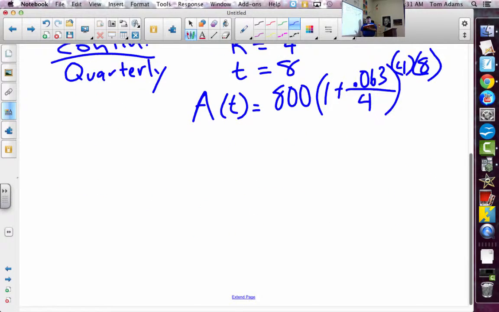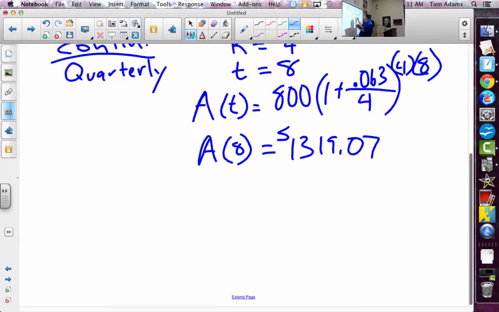If I plug that in my calculator, the amount that I'll have after 8 years is going to equal $1,319.07. Okay? Now, that was the quarterly.